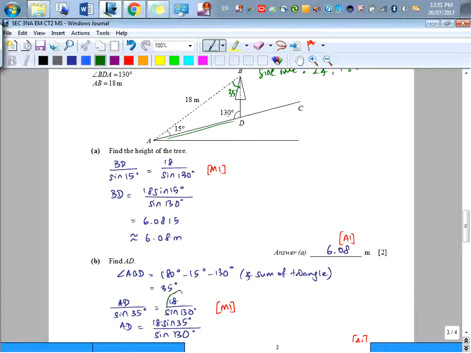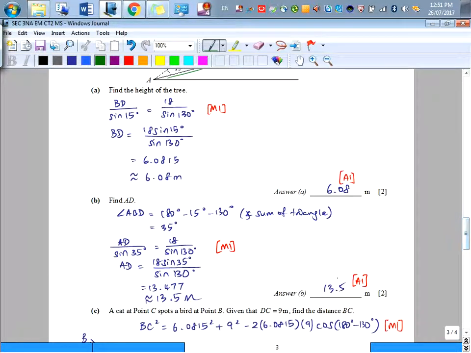Okay, I chose this 18 over sine 130 degrees because it is information given to me already. I rather use that than to use 6.0815 divided by sine 15 degrees, because 6.0815 was calculated by myself. What if I had made a mistake? So I rather choose to use information that was given to me that is confirmed correct. So AD, same method, 13.5 meters rounded off.